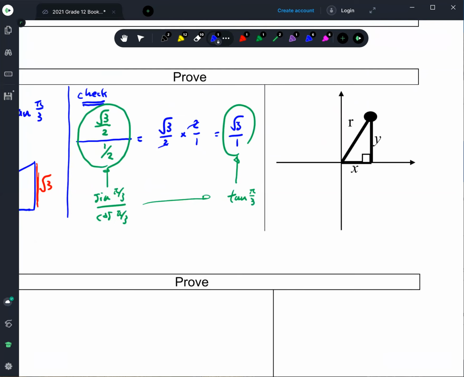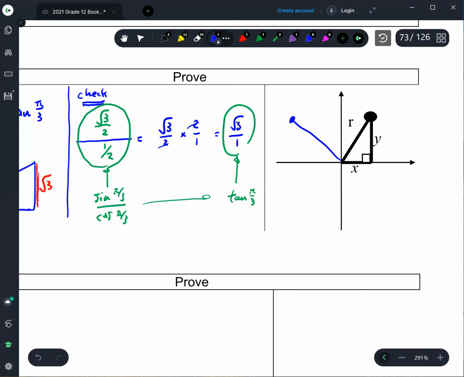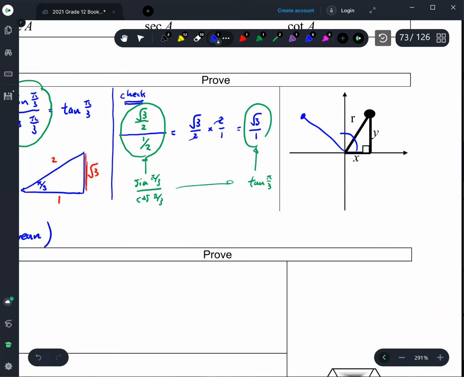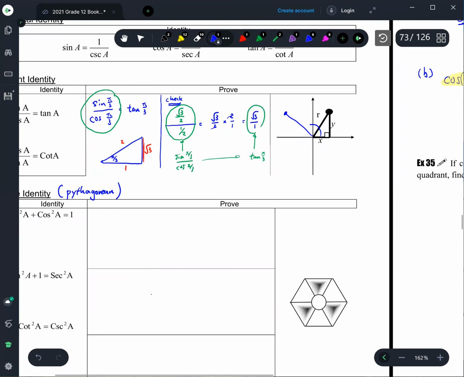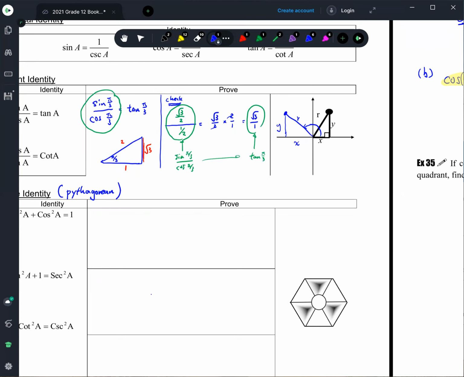This is an angle in the first quadrant, but it doesn't matter which quadrant it turns to. If the angle turns to the second quadrant, it still has the three sides like this, X and Y and R. If it's the second quadrant, the adjacent will become negative, but the opposite, the Y, will be positive.